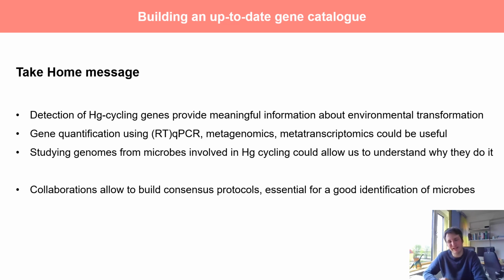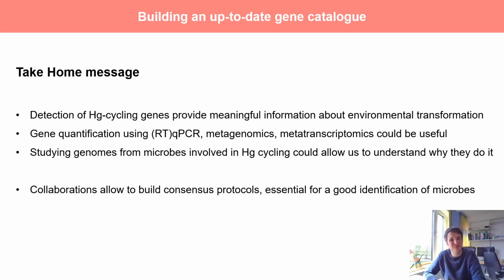About gene quantification using either qPCR or RT-PCR, metagenomics and metatranscriptomics, I think it could be useful. There is still some work about comparison, about biases that are related to both types of method, but it may actually be useful to predict mercury transformation in the environment eventually.